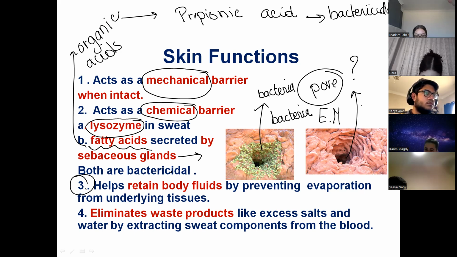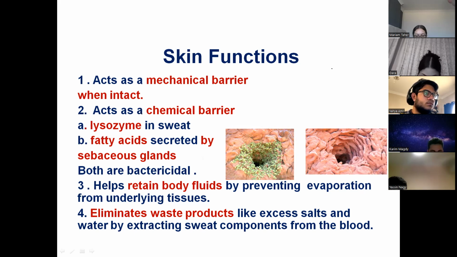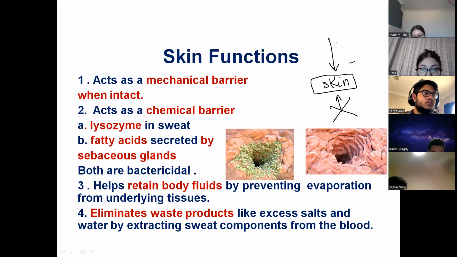This is very important. So keratin works both sides, meaning that if this is the skin, keratin in the skin would prevent evaporation from the underlying tissues, and meanwhile, it prevents absorption of water by the skin.